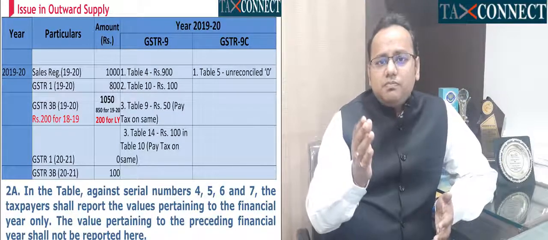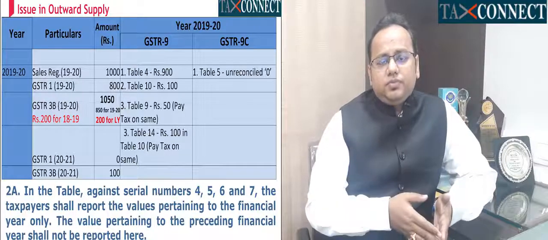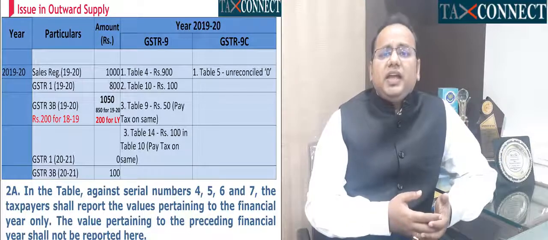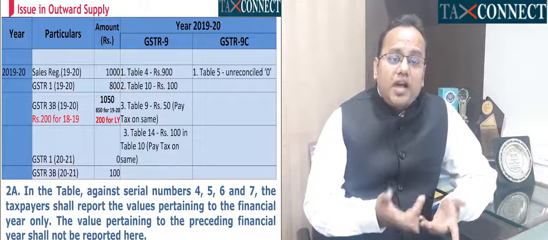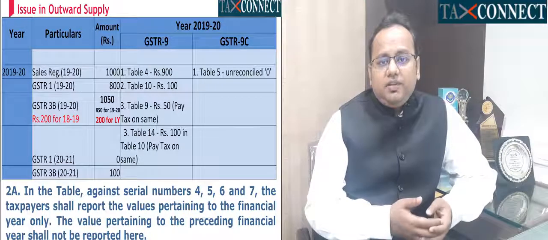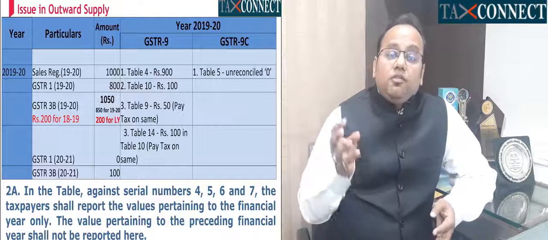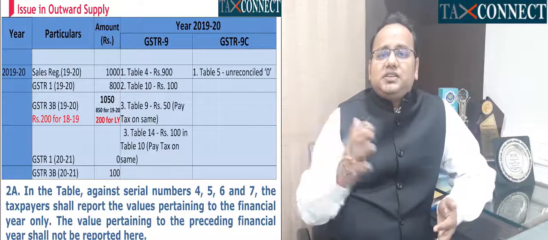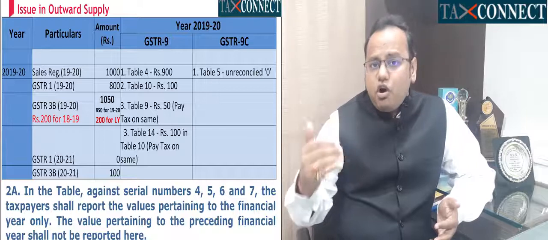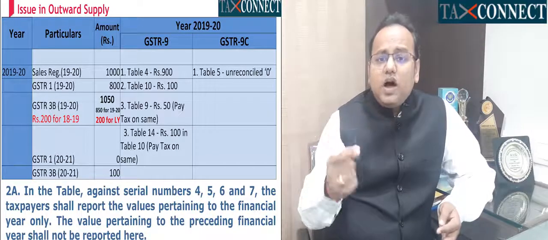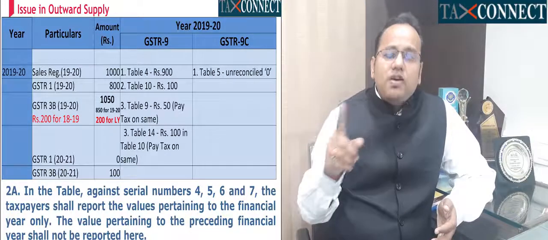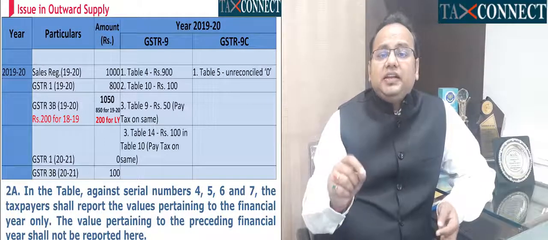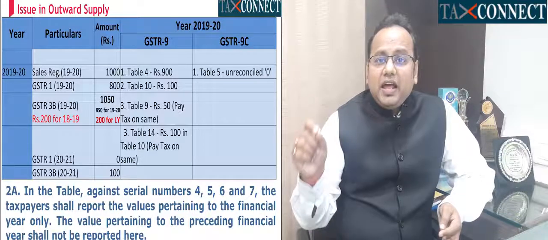Now, please note very carefully. Many taxpayers in 18-19 and 17-18 had taken a call, barring any instruction to the contrary, that in table 5 and 6 or table 4 and 5 relating to outward supplies, they had shown the spillover impact of 18-19 in 19-20.